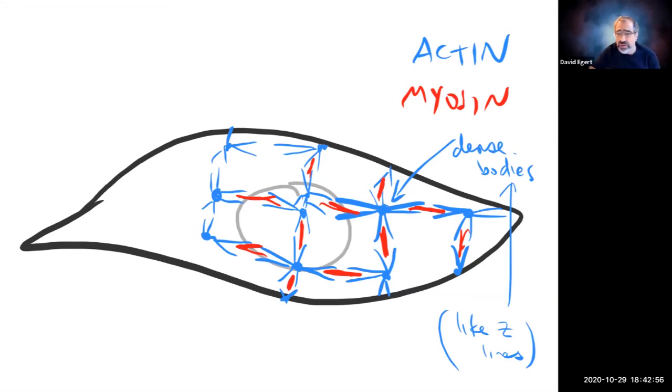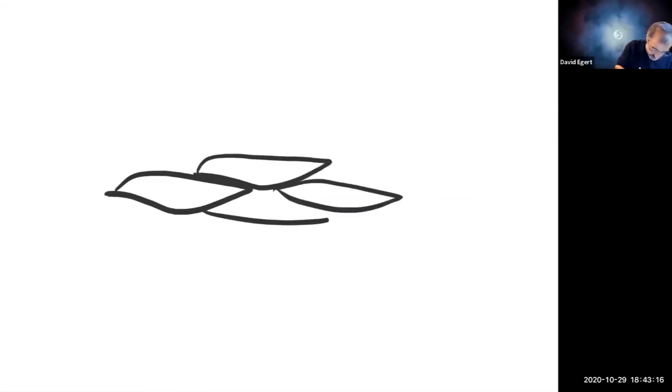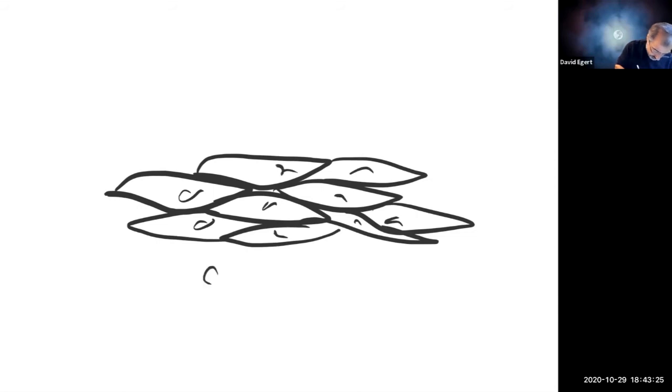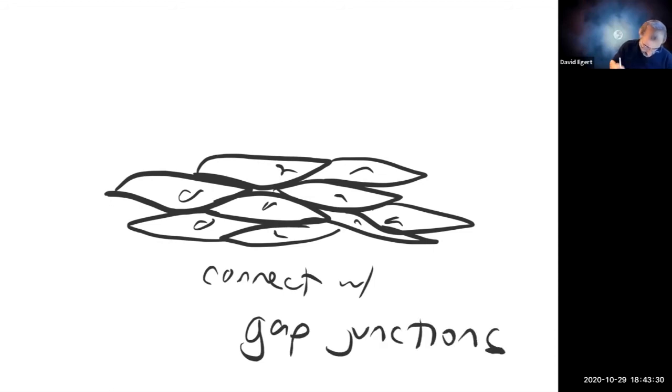There are other differences we're not going to go into, like the calcium. A lot of the calcium actually comes in from outside the cell during the contraction rather than just being stored inside a sarcoplasmic reticulum. And then the other big difference that I mentioned is all of these cells are connected with gap junctions, which means if one cell gets excited, all its neighbors get excited as well.